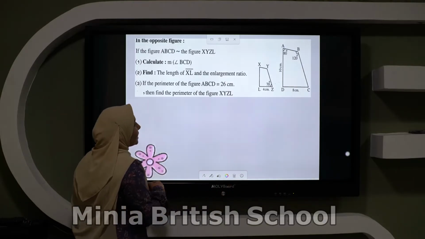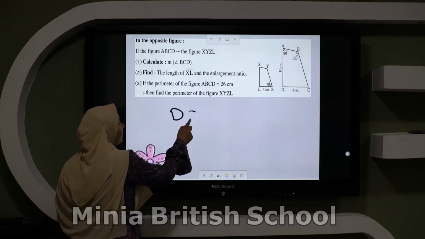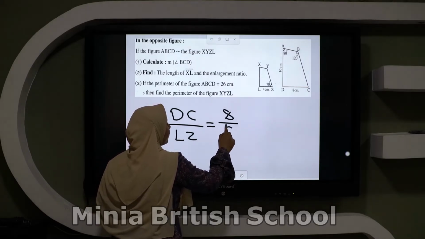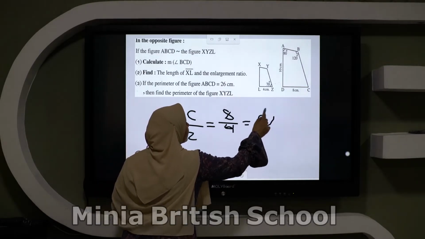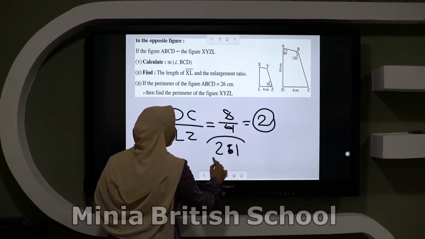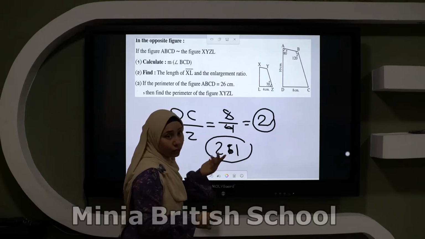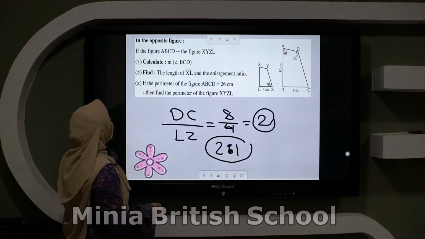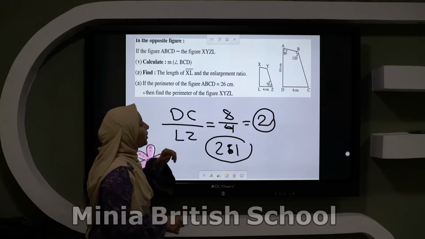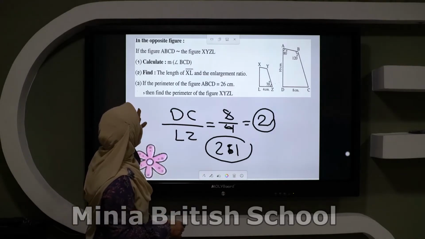Also, the ratio of enlargement equals DC over LZ, equals 8 over 4, equals 2, or 2 to 1. Okay, now in the third required, I need to find the perimeter of the figure XYZL.